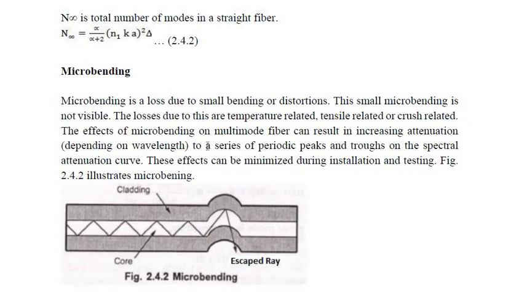The effect of microbending on multimode fiber can result in increasing attenuation depending on wavelength, with a series of periodic peaks and troughs on the spectral attenuation curve. These effects can be minimized during installation and testing.